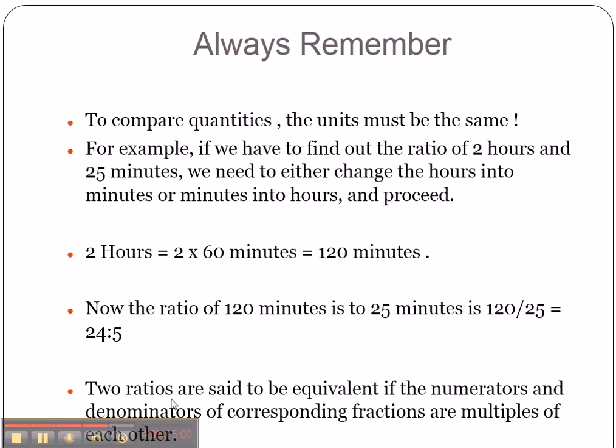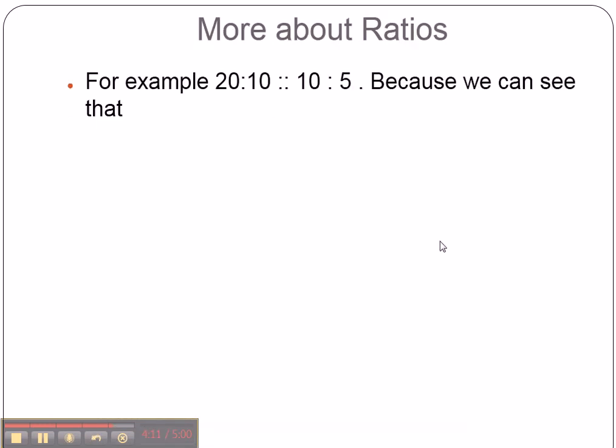Now two ratios are said to be equivalent if the numerator and denominator of the corresponding fractions are multiples of that number. For example, 20 is to 10 is in proportion to 10 is to 5, because we can see that 20 is to 10 equals 20 by 10.